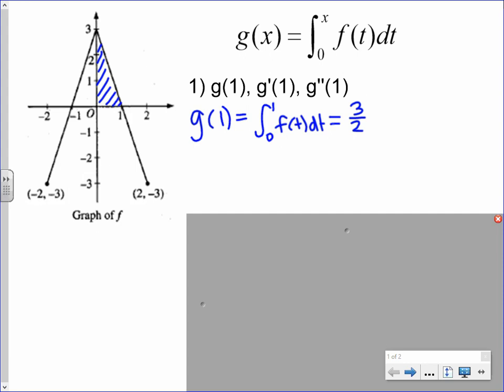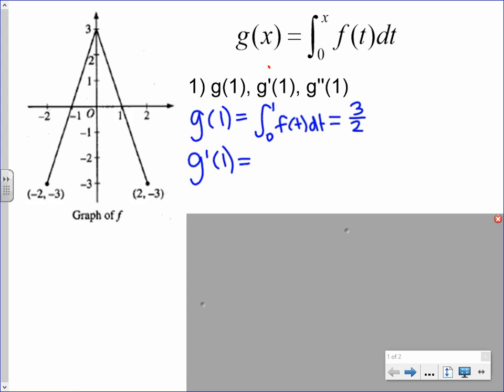Okay. Now, here's where it gets fun. Let's talk about g prime of 1. What's the relationship here between f and g? Joe posed a question. Wouldn't g prime just be f? Okay, let's talk about it.